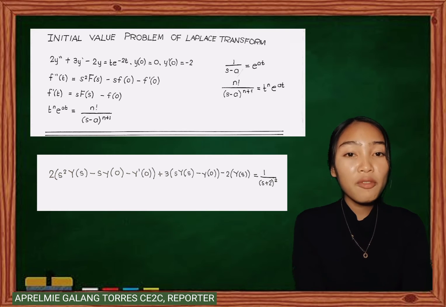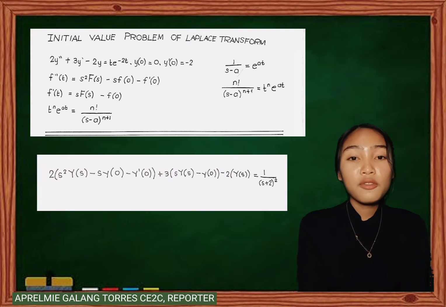And we're going to plug in for these things here. Then we're going to solve for Y of s, and that will give us our Laplace transform. So we will also distribute this coefficient here, the 2, the 3, and the negative 2.